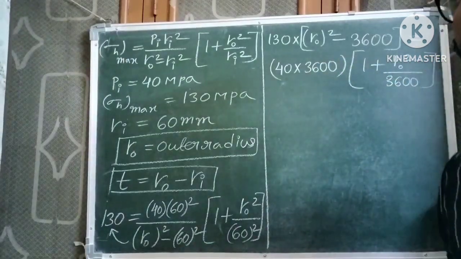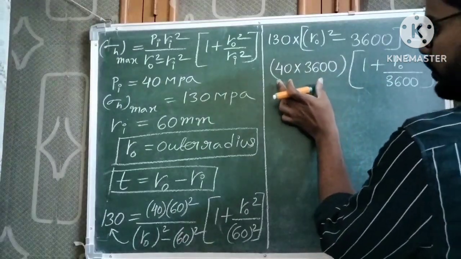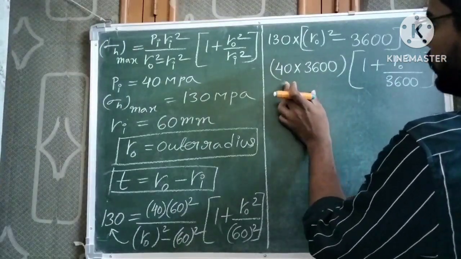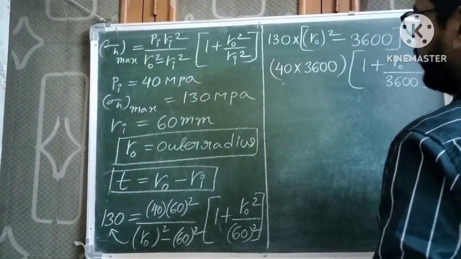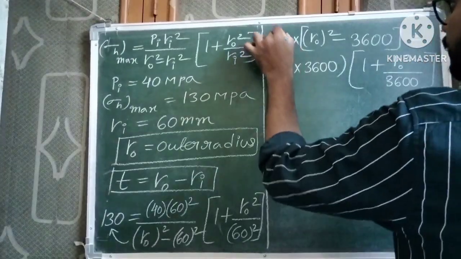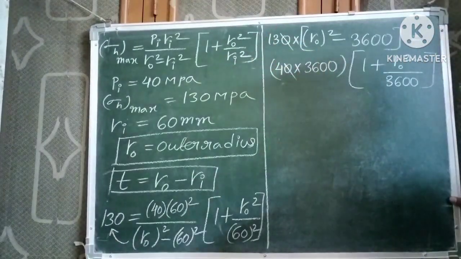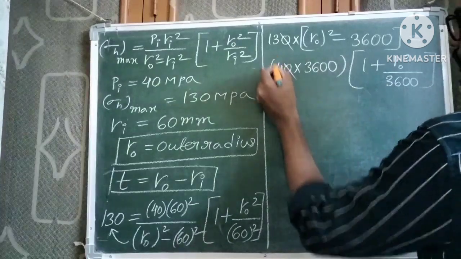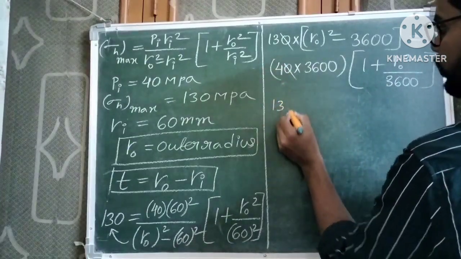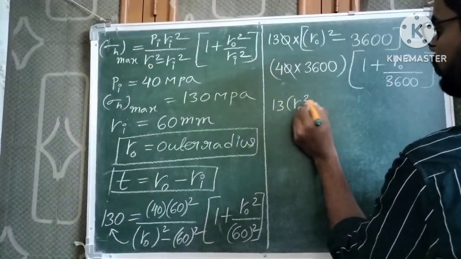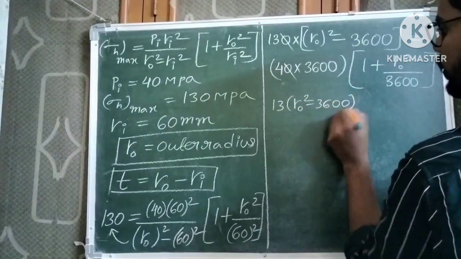Now let us make some simplifications here. The zeros get cancelled, so 13 into R naught square minus 3600.